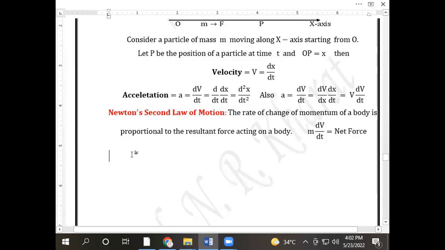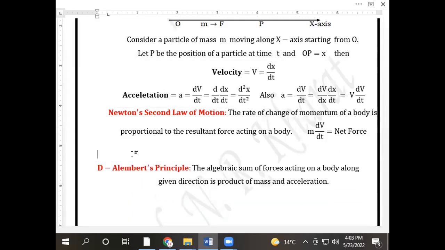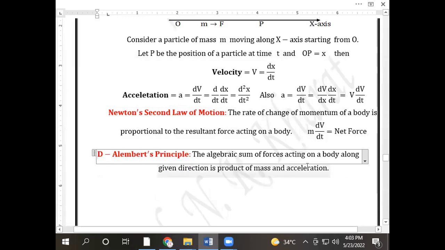According to Newton's law, D'Alembert's principle also states that the algebraic sum of the forces acting on the body along the given direction is the product of mass and acceleration. Again the same law is applied here by D'Alembert.